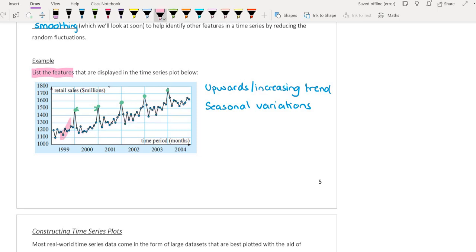It does have seasons, like this trend, and because the time period that this trend is happening over is just about 1 year, this will be identified as seasonal variation rather than a cycle. So that's all you need to say. So there's an upward or increasing trend, and there's a seasonal variation in the data.